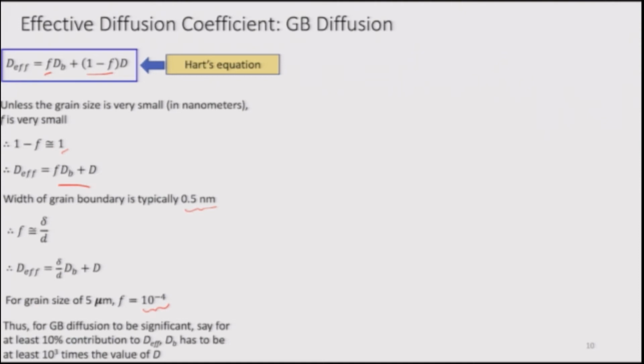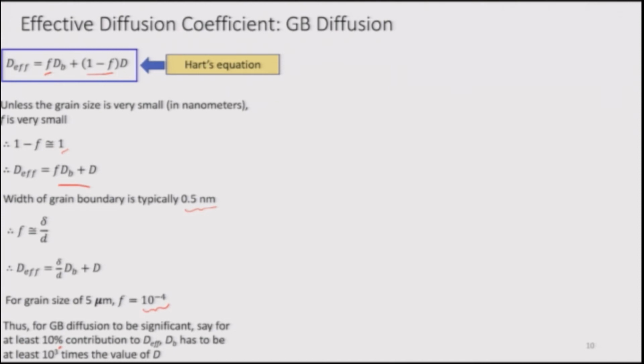The grain size is around 5 micron. Now, for the grain boundary diffusion to be significant, let us say the diffusion is significant when the contribution is at least 10% from D_B to D effective. So, for this to happen, D_B has to be at least 10 to power 3 times the value of D. This is the case when we are considering a fine grained material.